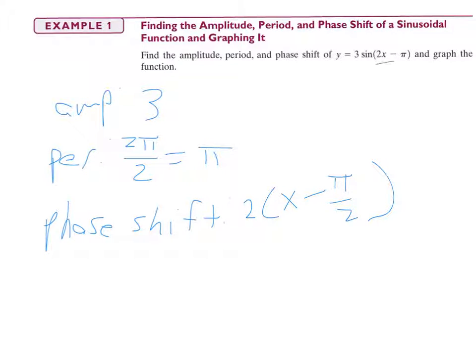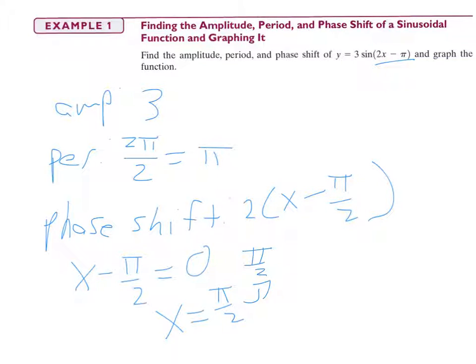If our original statement is 2x minus pi and you factor out the 2, you're left with x minus pi over 2. So if you take x minus pi over 2 equal to 0 and solve it for x, your phase shift is positive pi over 2. So since x equals pi over 2, that means the entire graph is shifted pi over 2 to the right.